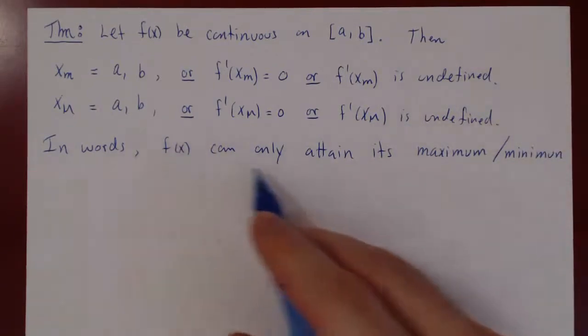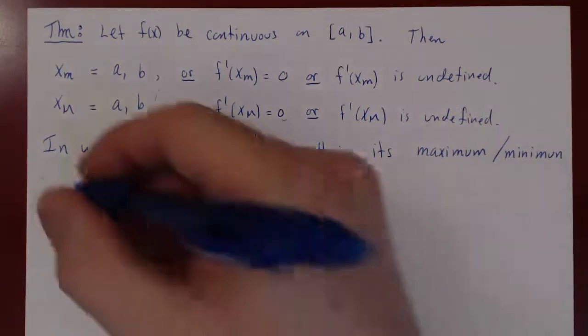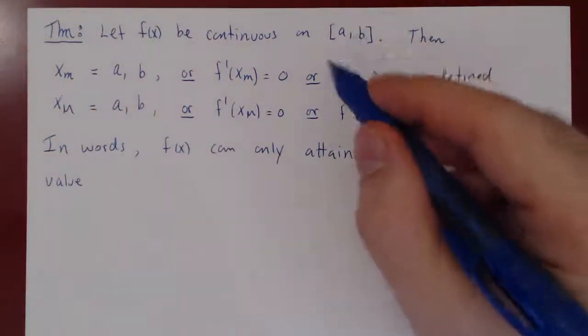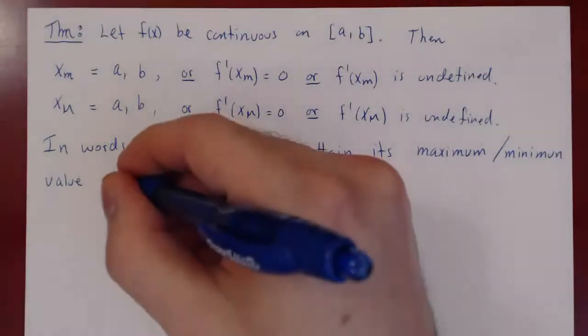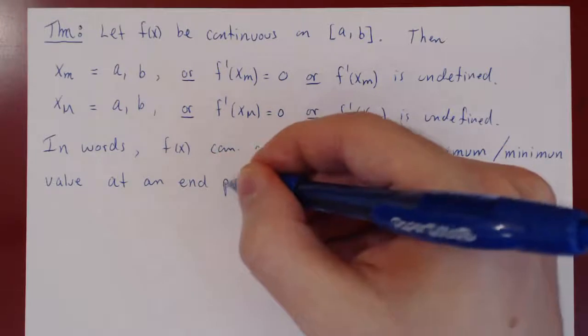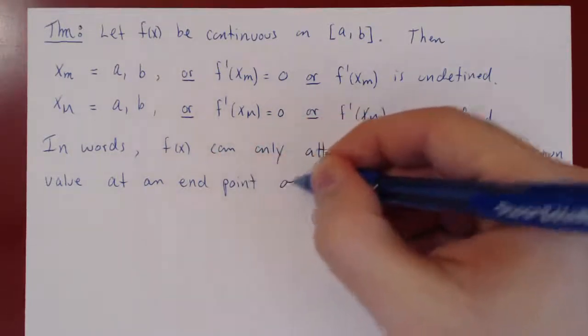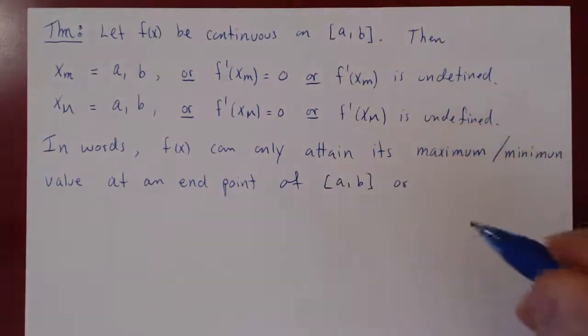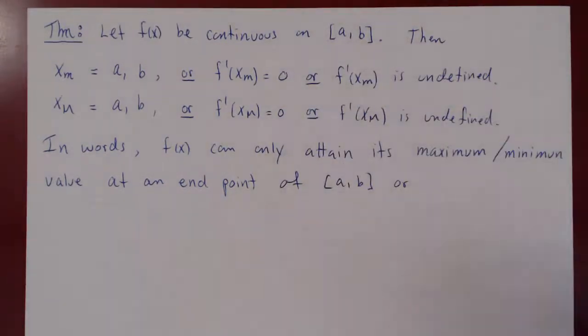So f of x can only attain its maximum slash minimum value at one of the endpoints of the interval, so at an endpoint of AB, or the only other option is a critical point inside of AB.